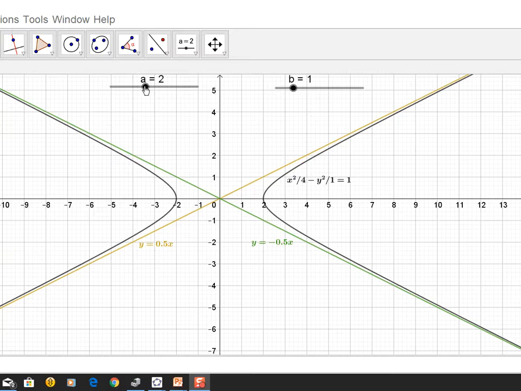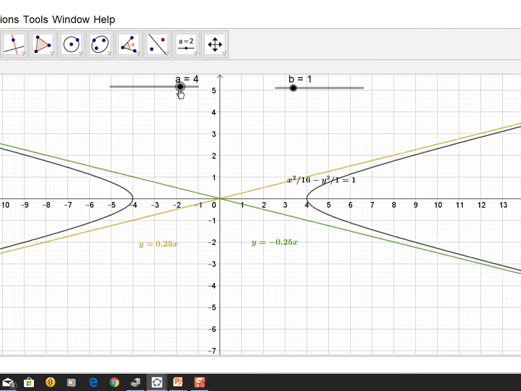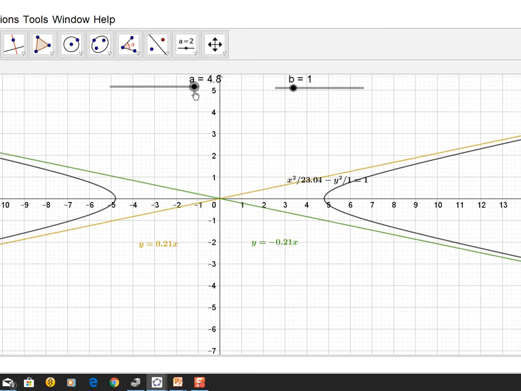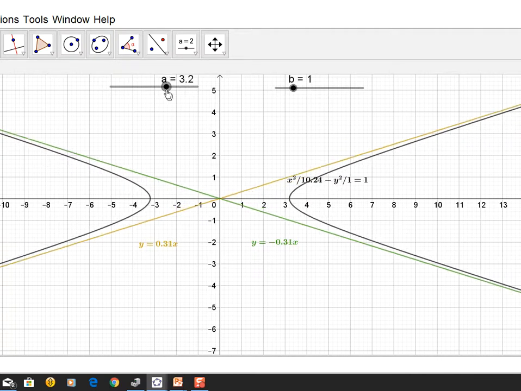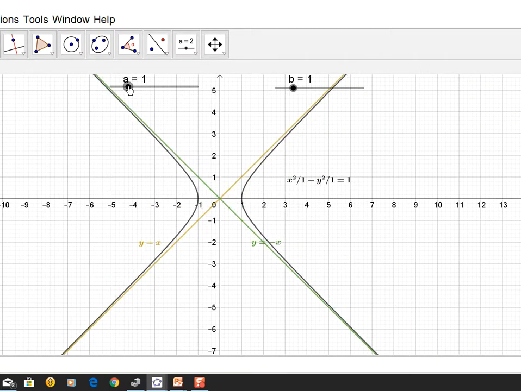Again, I can change the values of a and b, so if I increase a, you can see that the value of the gradient is actually going down, and as I decrease a, the value of the gradient is increasing.